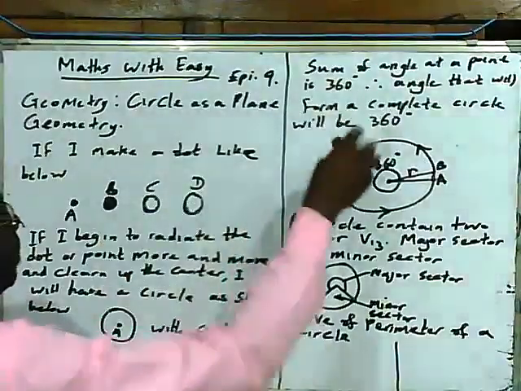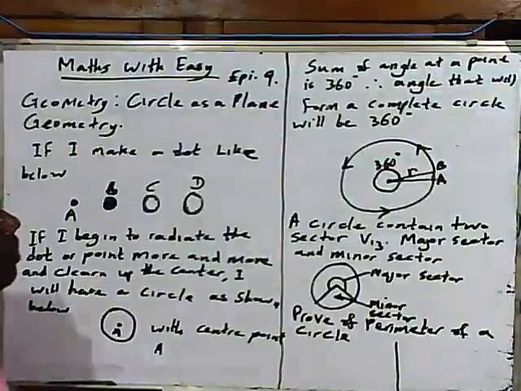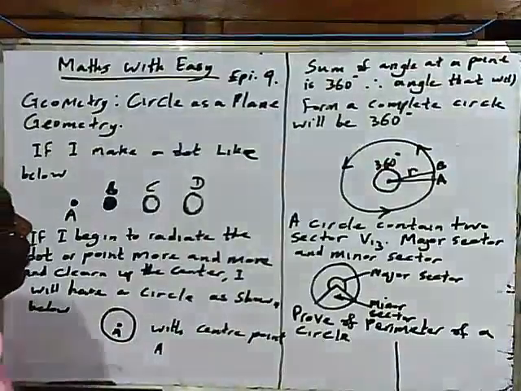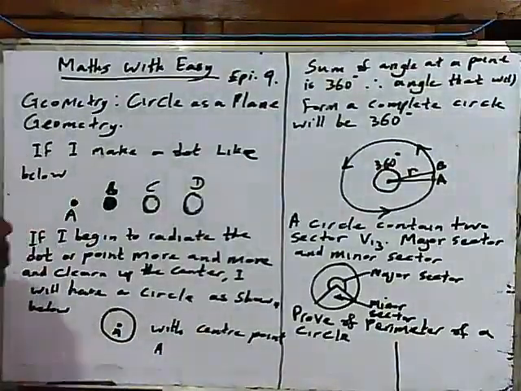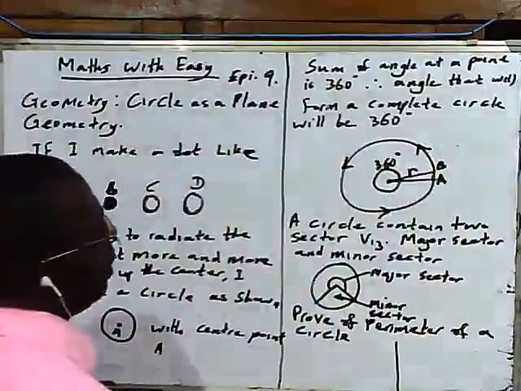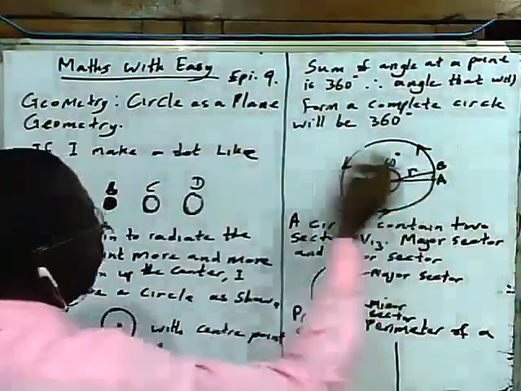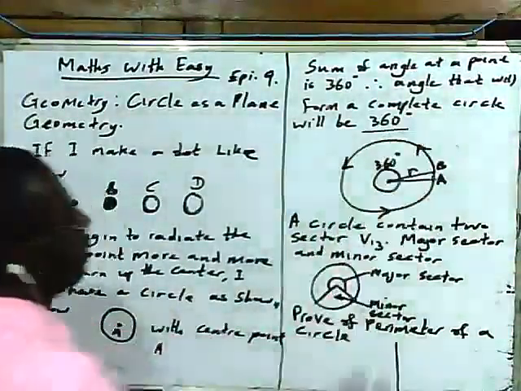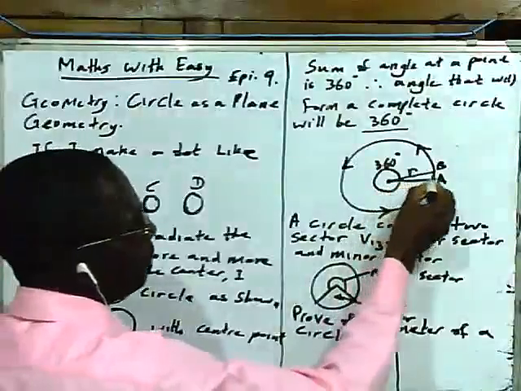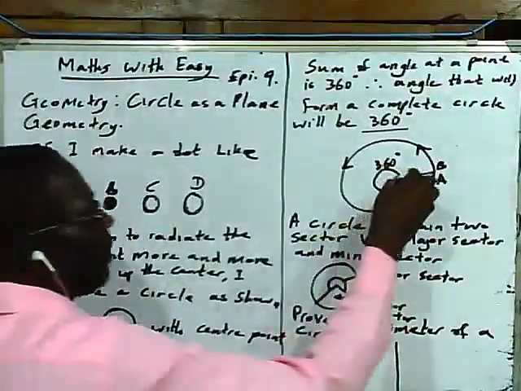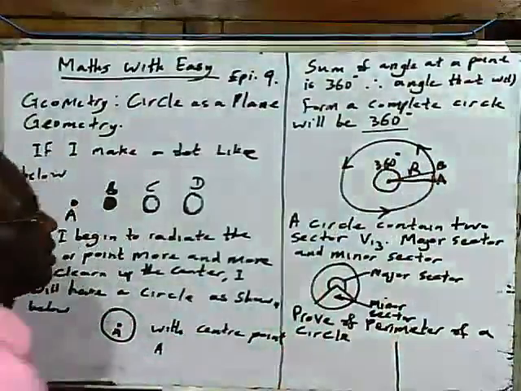Remember that, right from JSS 2, the sum of angles at a point is 360 degrees. Therefore, the angle that will form a complete circle will also be 360 degrees. What do I mean? If I take a movement from here and allow my thickness to be the radius, my thickness is now the radius.